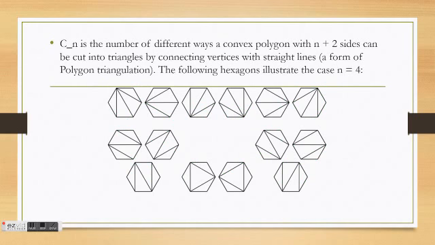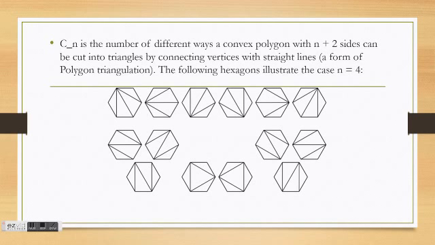And then finally, the last example: C subscript n is the number of different ways a convex polygon with n plus 2 sides can be cut into triangles by connecting the vertices with straight lines, and we don't want them to intersect.